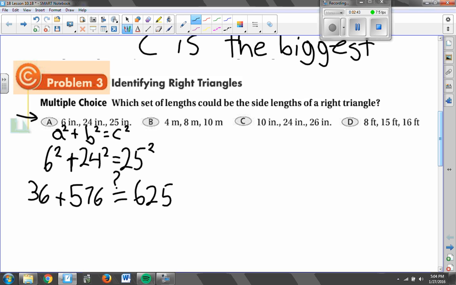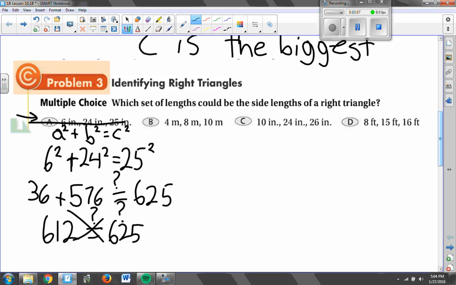The question is, are these two equal to each other or not? Well, 36 plus 576 is equal to 612. Is that equal to 625? No. So this is not a right triangle. No way.